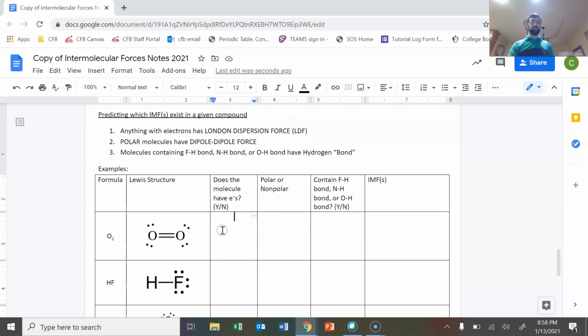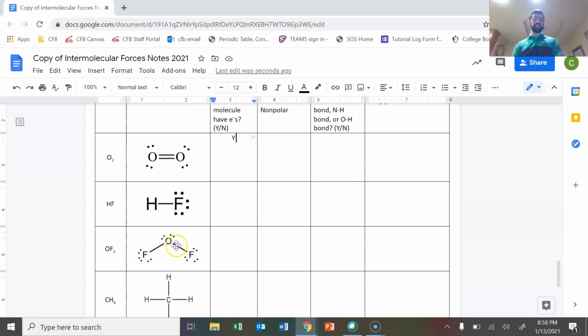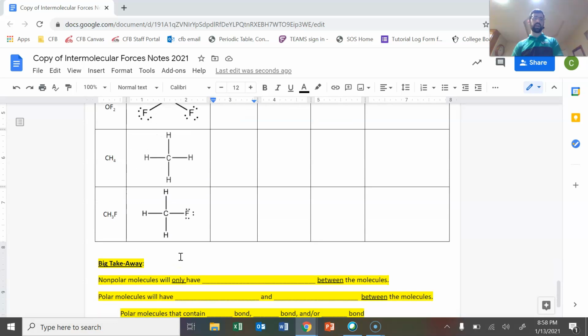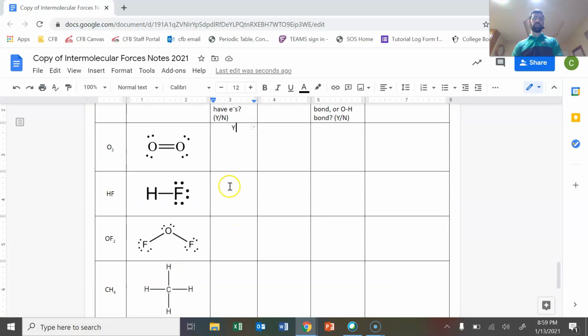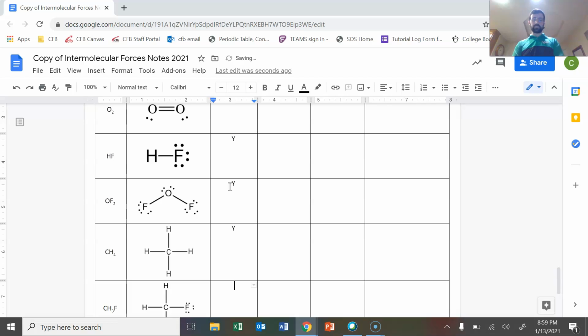So the question here, does the molecule have electrons? Well, yes, of course it does, right? These bonds represent electrons, these lone pairs represent electrons. In fact, we could go down right now and see that all of these have electrons. So we're going to say yes for every one of these. Why do we ask that?